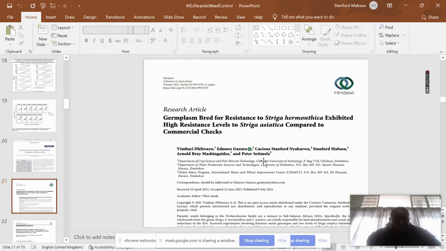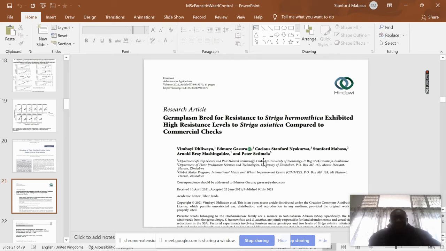There's also a paper which highlights the development of hybrids with resistance to Striga.